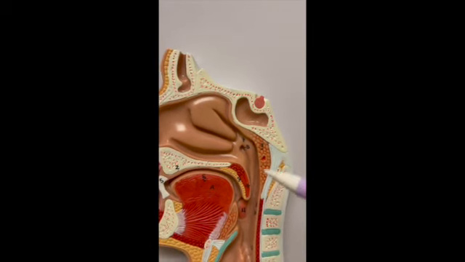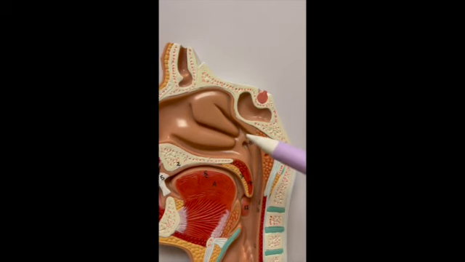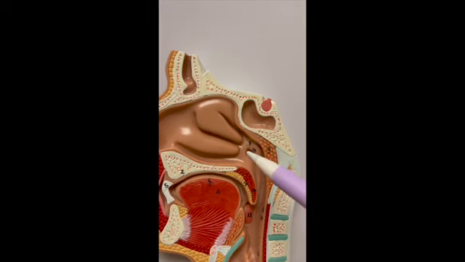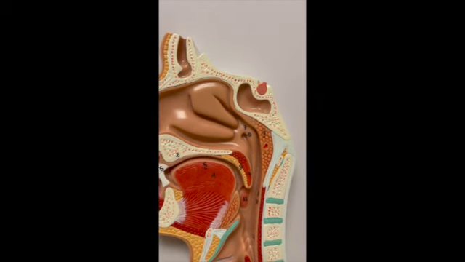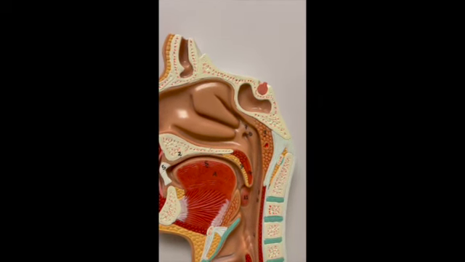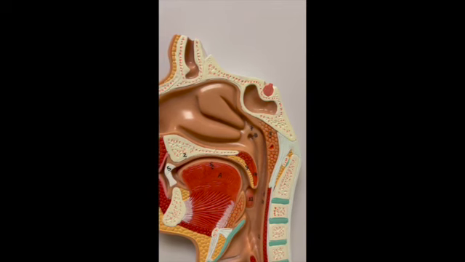So we did 6. 7, right up here, we have the nasopharynx, so all of this region is our nasopharynx. 8 is going to be the opening to the eustachian tube. It's also called the auditory or pharyngotympanic tube.